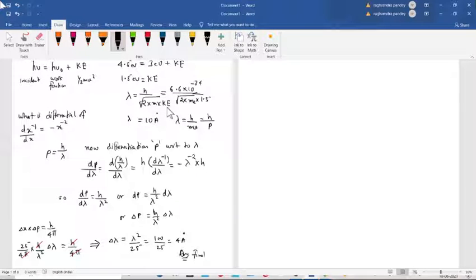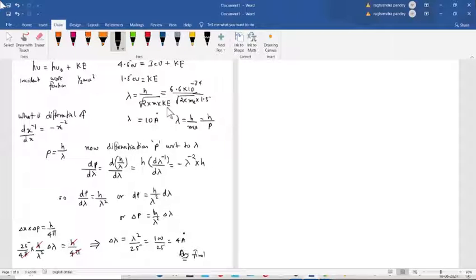I told you about this, the differential is needed at the advanced level sometimes, not always. Sometimes you have to differentiate. So this is the differential of x to the power minus 1, which is minus x to the power minus 2, so it is minus h upon lambda square. Now we never write the error as a negative value. A negative value of error doesn't make any sense.